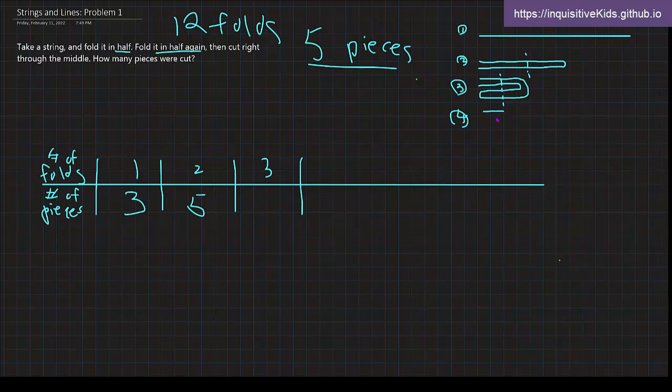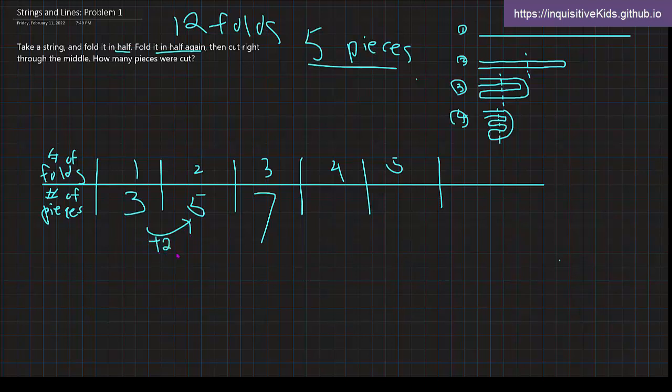So that would look something like this. And you can cut that from the middle. And you see there would be 1, 2, 3, 4, 5, 6, 7. And now you're starting to pick up a pattern. You could keep drawing 4 to 5, but now you kind of know what the pattern is already.